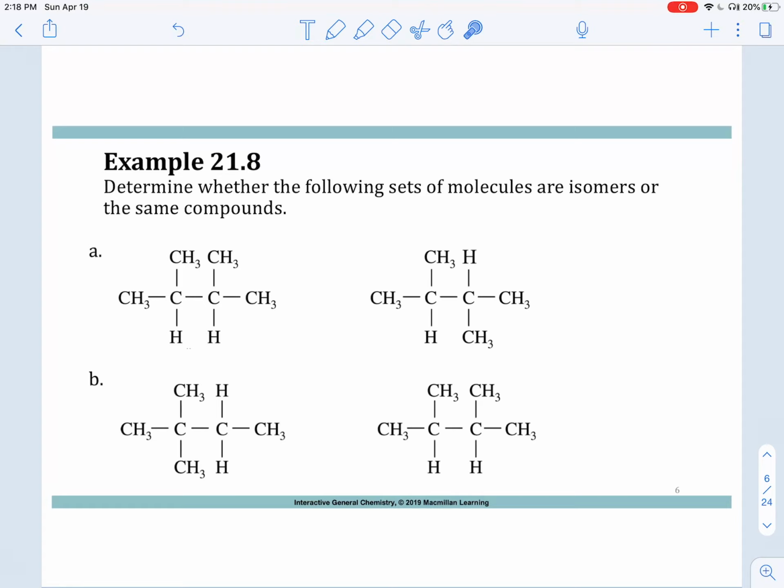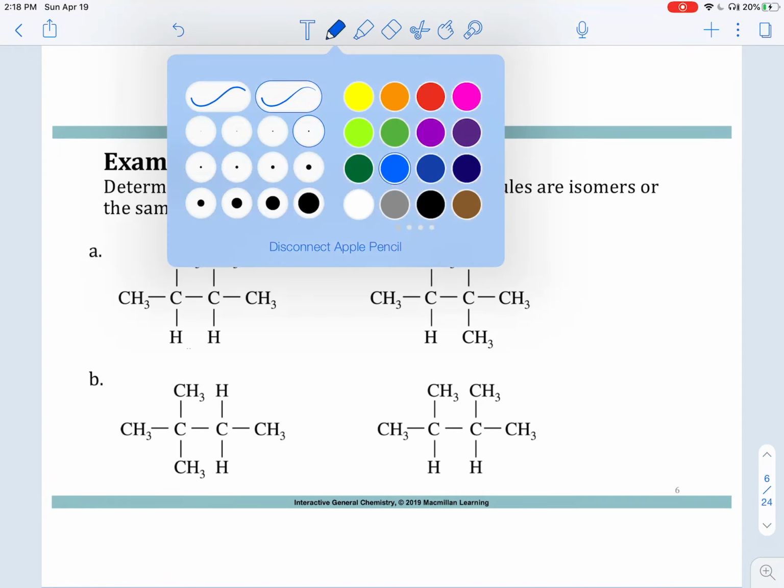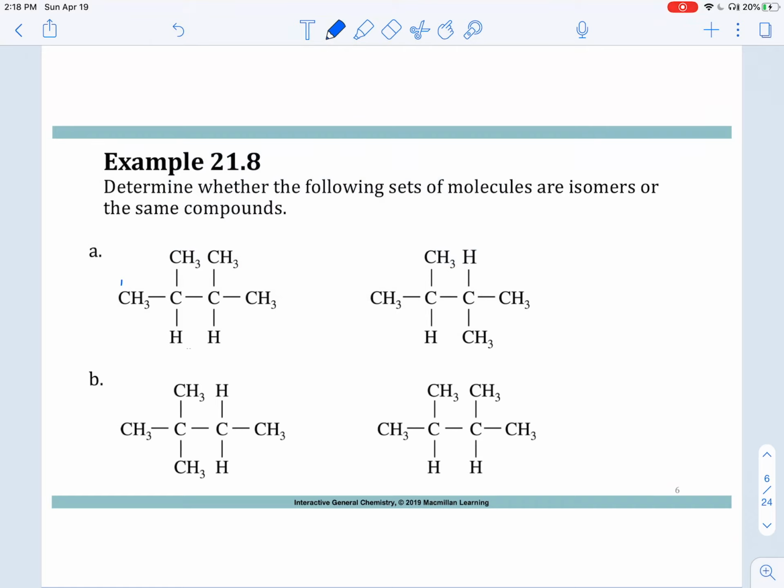Let me see if I can show this by drawing it in the skeletal structure. This would be my first carbon right here. I'm going to draw this upward to this carbon, and coming off this carbon is this one. Then I'm branched over here, CH3, CH3.